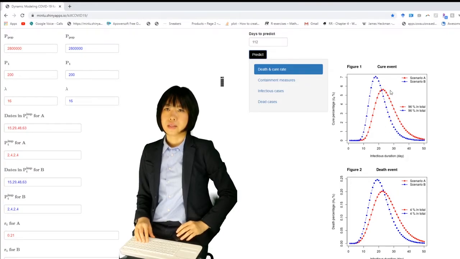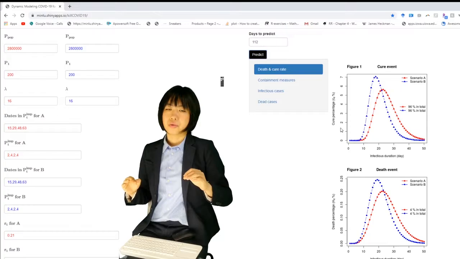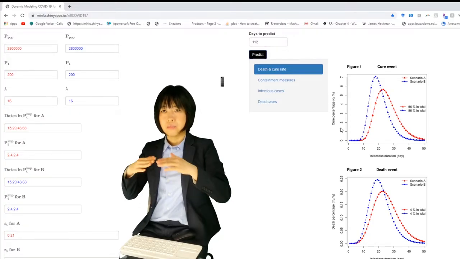Well, in scenario A, the cure times and the death times are more variable.